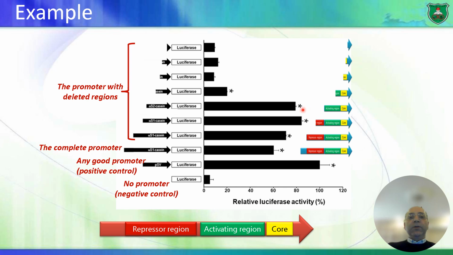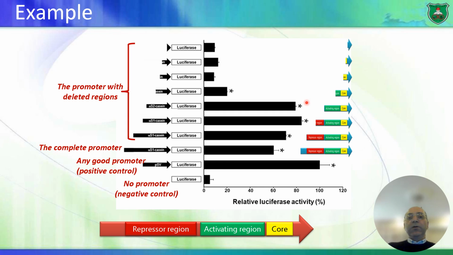Now let's say I remove this whole thing. This is what I get. Now there's basically no difference between this and that, so this is just experimental conditions. Now I start removing the activating region. What do you think would happen if I remove the activating region? I should see a reduction in expression, and that's exactly what I see.